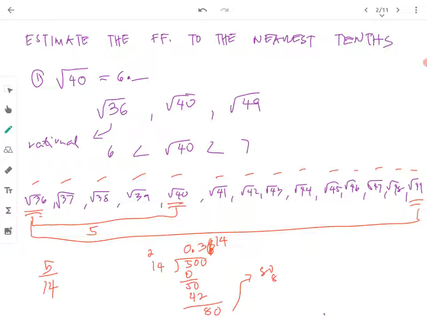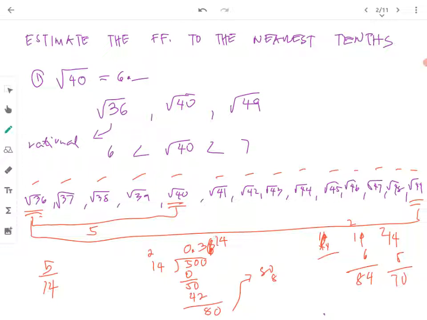So 14 times 6 is 84. It's still more than 80, so we go with 5. 5 times 4 is 20, then we have 70.